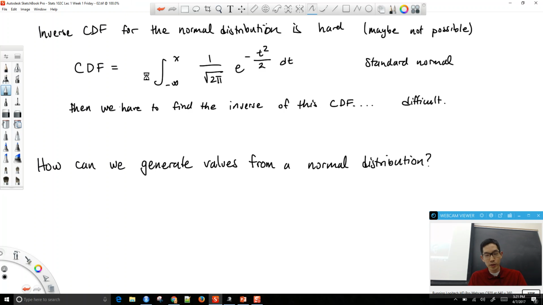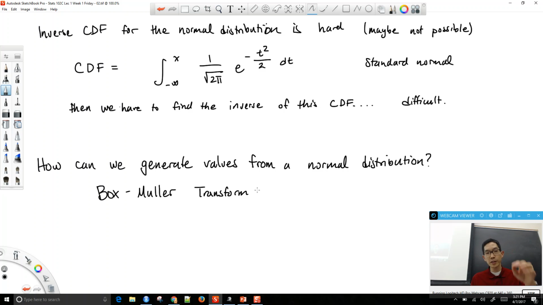And so one method that we'll talk about is called the Box-Muller method, or the Box-Muller transform.